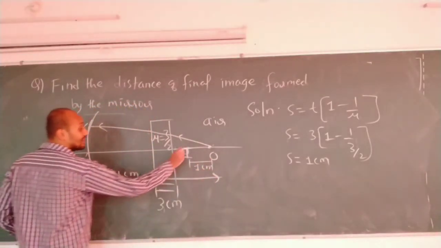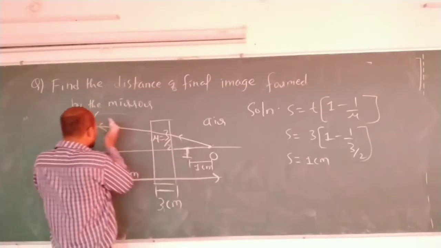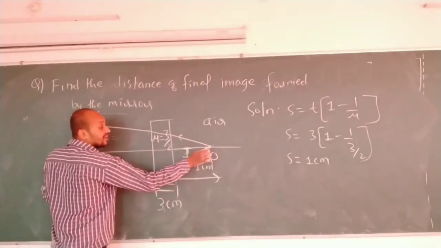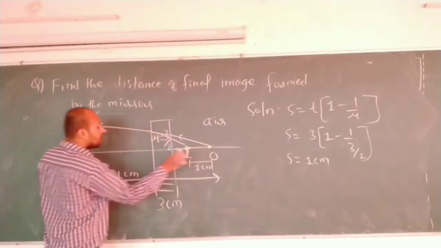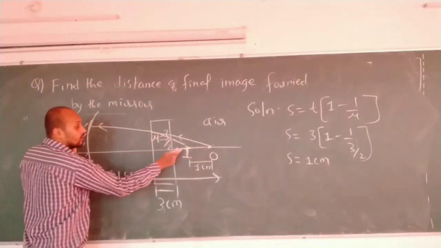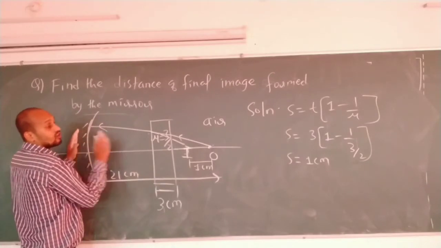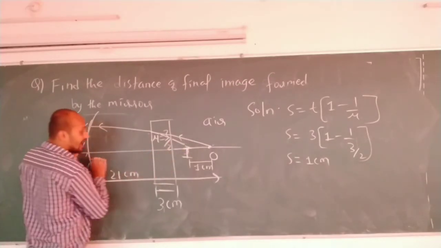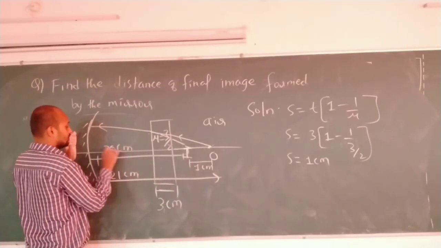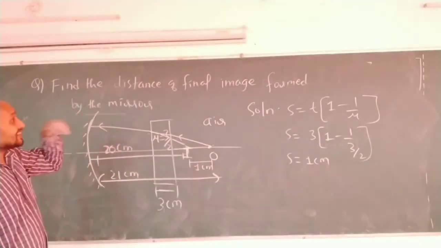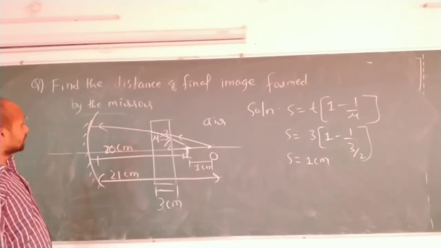So now, after this, for this mirror, he is not an object. Who is an object? I will be an object for the mirror. So what is the distance of this I? 20 centimeters. Find the distance of the final image formed by the mirror is what is asked.